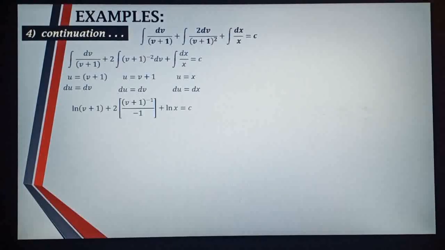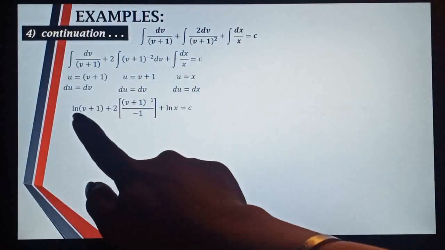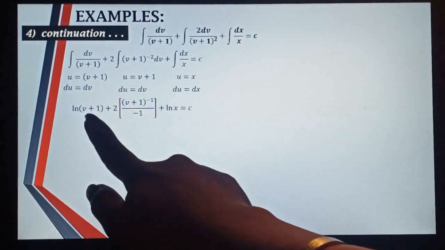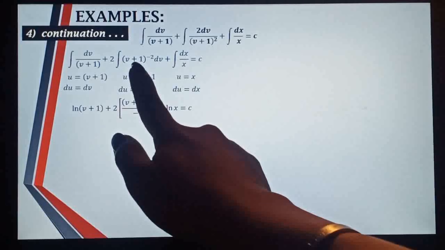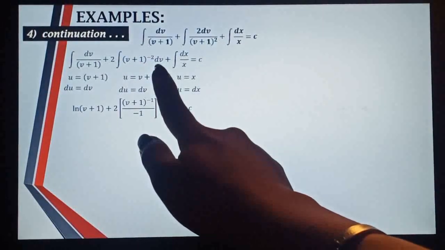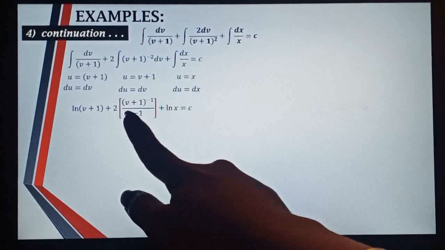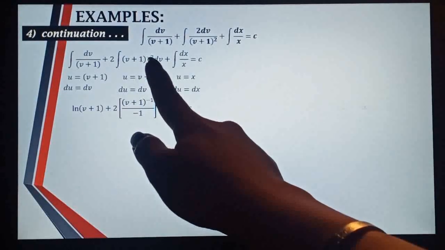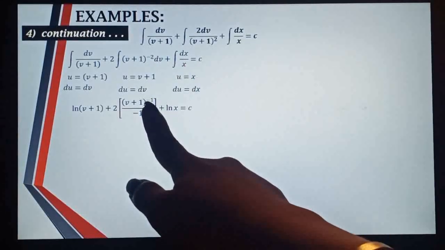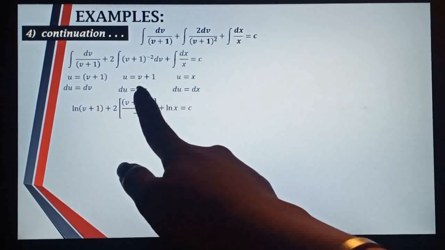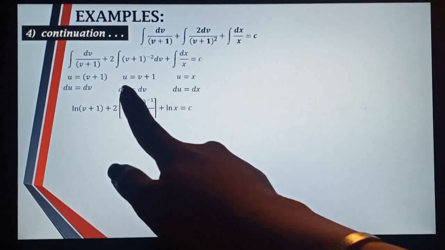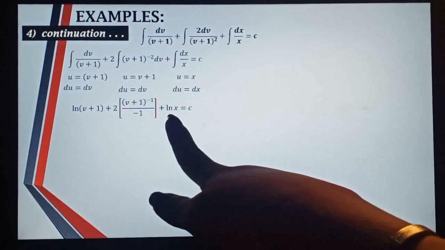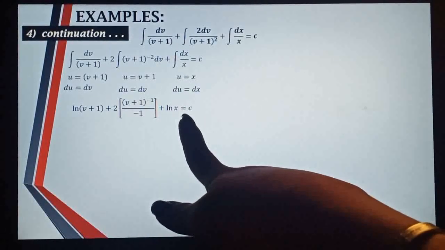Now, let's integrate. The first term falls under du over u, so you will have ln of v plus 1. Then this one is u raised to n du, so you will have u raised to n plus 1 over n plus 1. Since n is negative 2, plus 1 results into negative 1. So, you will have v plus 1 raised to negative 1 over negative 1, multiplied to 2. Then, this is du over u, so you will have ln of x equals c.